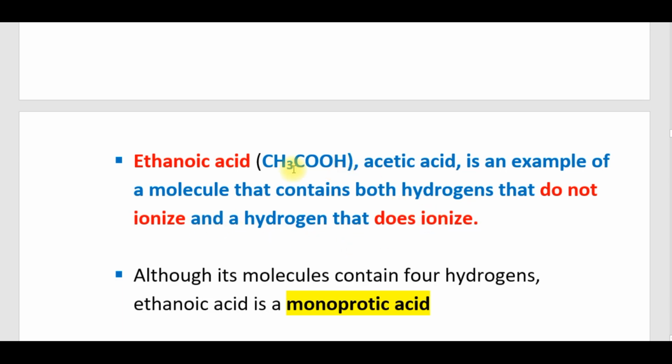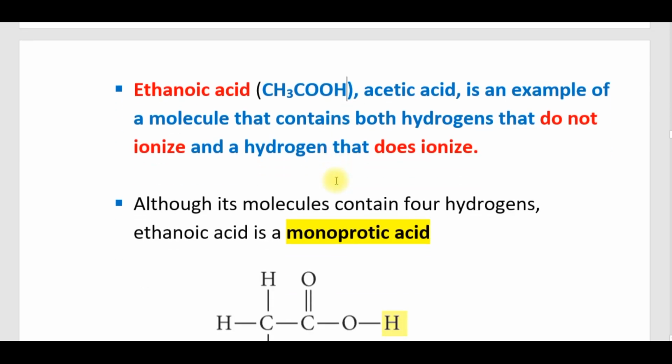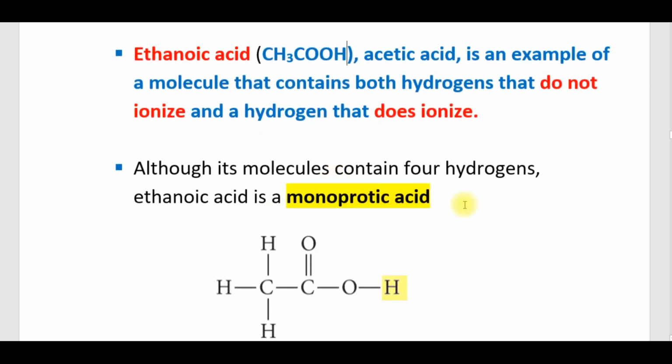Here there are 3 hydrogens here and 1 hydrogen here. These 3 hydrogens cannot be ionized, and this single hydrogen can be ionized. Therefore, it has only 1 ionizable hydrogen, and so ethanoic acid is called a monoprotic acid.